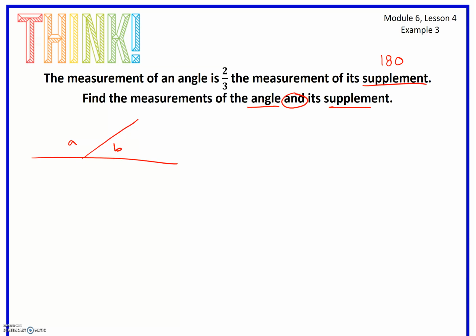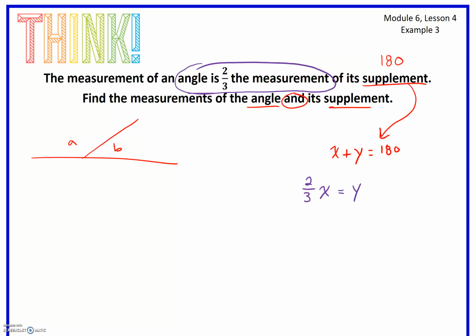So let's think about this for a minute. Supplement means that x and y, or a plus b, either one, the two angles are going to add up to 180 degrees. The only thing that we know about this relationship, other than the fact that they're supplemental, is that the angle is 2/3 the measure of its supplement. So we know that 2/3 of x equals its supplement.